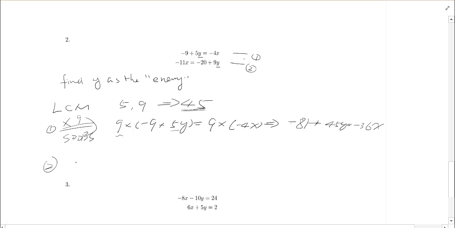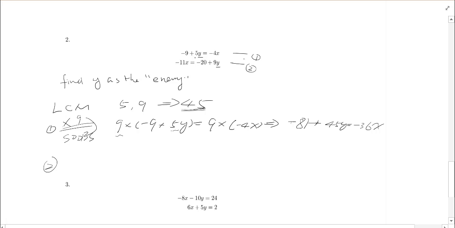And for the second step, I'm going to do an operation again, multiplying by 5.